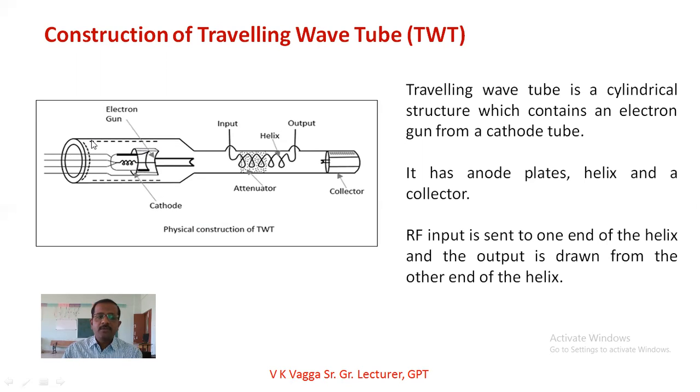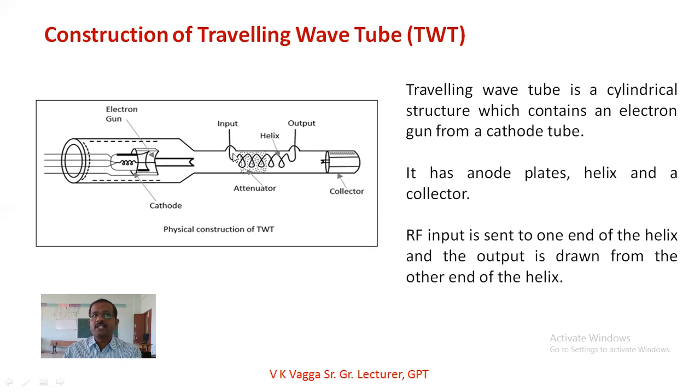After that you can see the dotted line. It is the anode plate, and it is followed by the coil, which is called the helix. It is used to decrease the speed of the electron. After that you can see one is the input port and the other is the output port, called the inlet and the outlet.